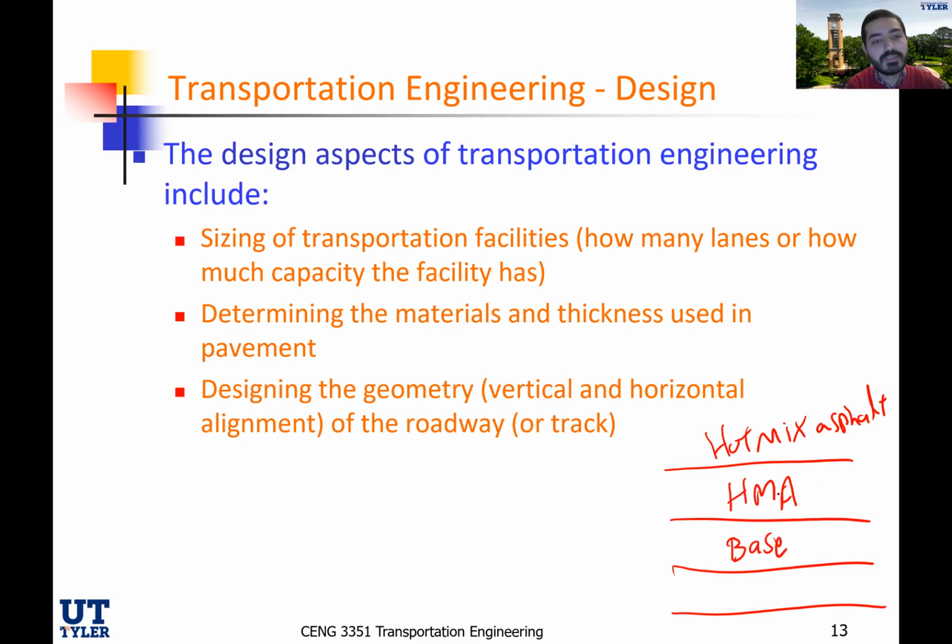HMA is basically asphalt as well as aggregates. Asphalt is one of the byproducts of petroleum refinery. We take it, heat it, mix it with aggregates, crushed rocks basically, and we pave the roadways with it. And then we have a base, which is just crushed aggregates. And then we can have a sub base.